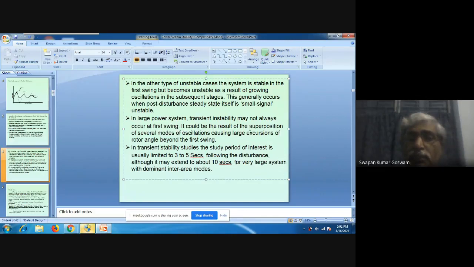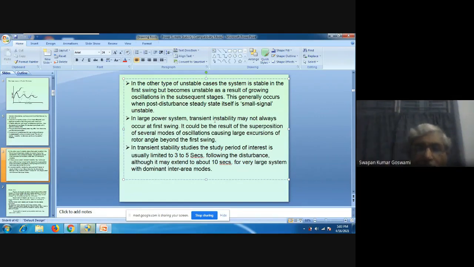It could be the result of superposition of several modes of oscillations causing large excursion of rotor angle beyond the first swing. So these are somewhat complicated terms we are saying to you, because actually in a power system, what will happen? There are so many machines, so many generators connected, and some of the generators may be such that they will be swinging together.